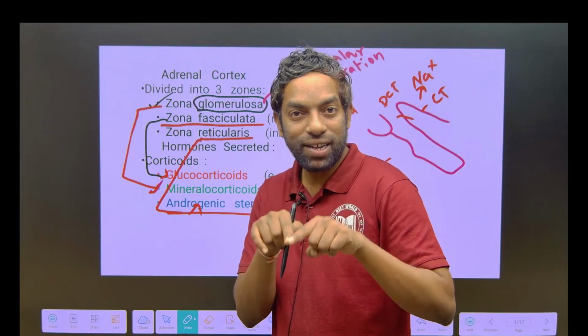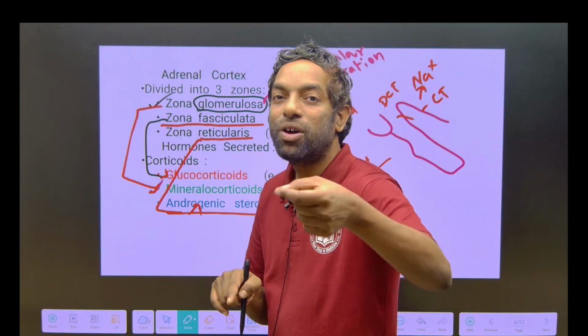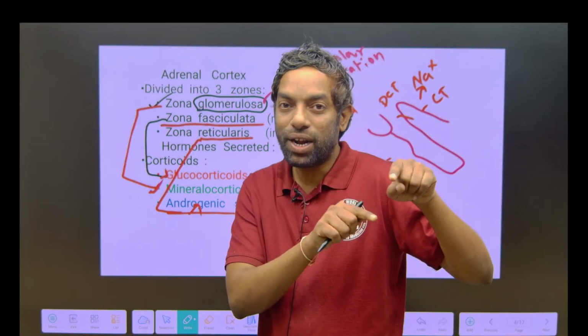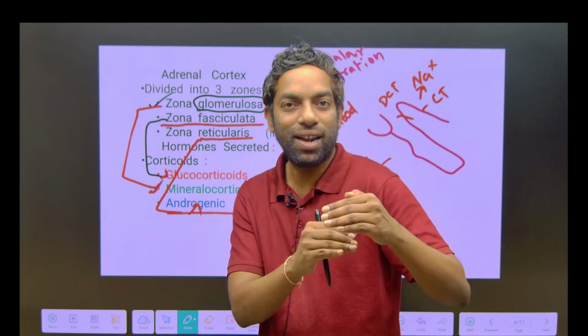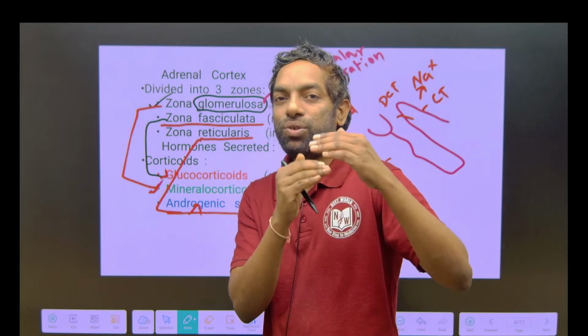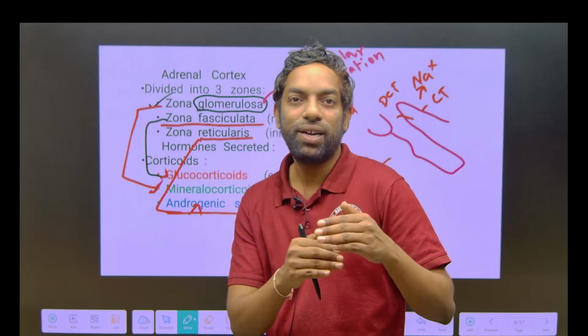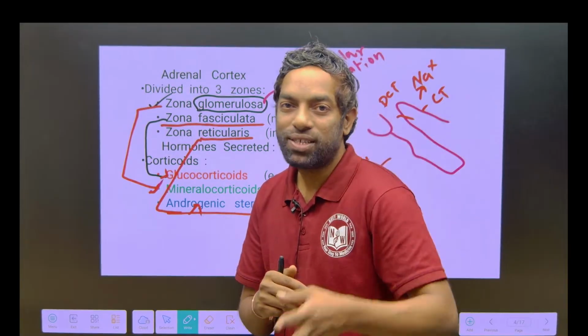Aldosterone is located in the zona glomerulosa of the adrenal cortex. The adrenal gland is located above the kidney, so it is relevant to the kidney. Osmoregulation and sodium reabsorption under aldosterone come from the zona glomerulosa.